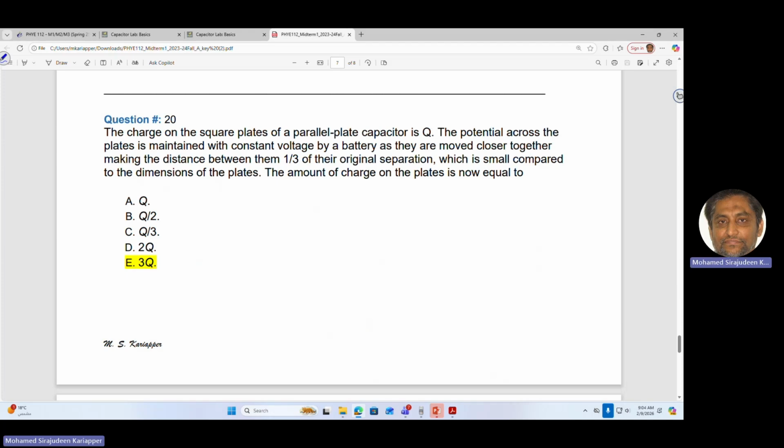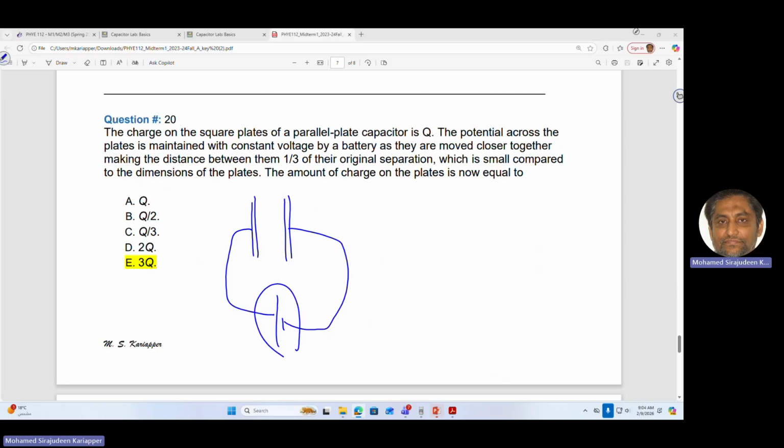Okay, now here we have a capacitor plate which is connected to a battery, and we keep it connected to the battery. Now what we do, we move this plate closer, keeping the battery connected.